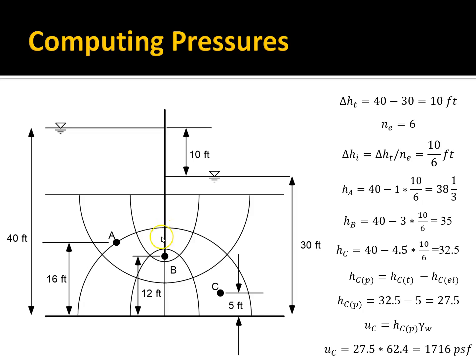And as you go down, these lines get closer together, so you get a larger gradient, and then down here you get a much higher gradient, which means most of the flow is going right, or as the water flows around here, these channels get really small, and so you get a higher seepage velocity. And if there's going to be any scour or problems, it would probably occur right next to that tip.